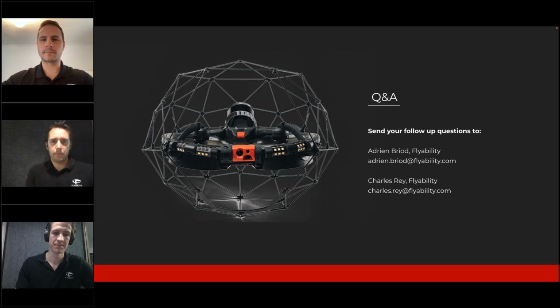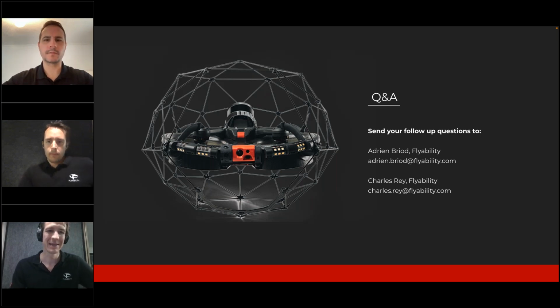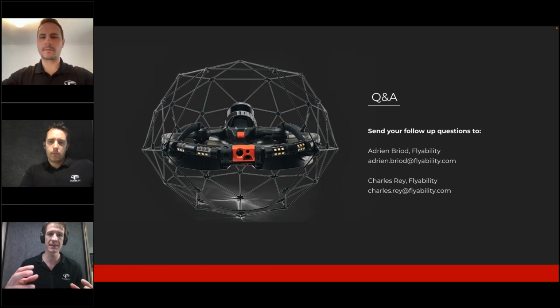And I will add that ease of use was really at the foundation of the Elios 3 project. And you know, we put so much technology on Elios 3. It's the most advanced indoor drone, where you have an onboard computer fusing data from this very powerful LiDAR and these 3 cameras, really to make it easy for pilots to fly in these tough indoor environments. The drone is always stable, and you always have this situational awareness with the live map.